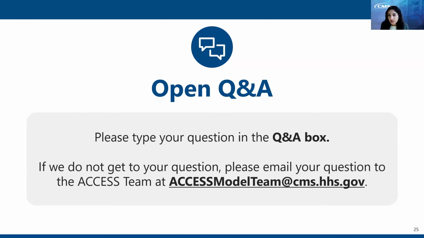Another question that we received is whether the ACCESS participant can be the same as the PCP. So just to directly answer this question, no, the ACCESS participant cannot be the same as the PCP for one given beneficiary. There's no prohibition against PCPs or referring clinicians being ACCESS participants, assuming that they meet the eligibility requirements.